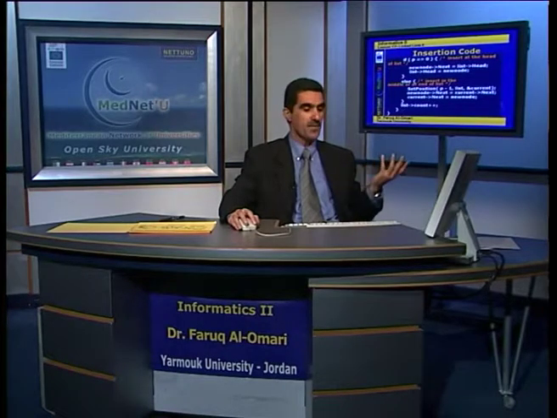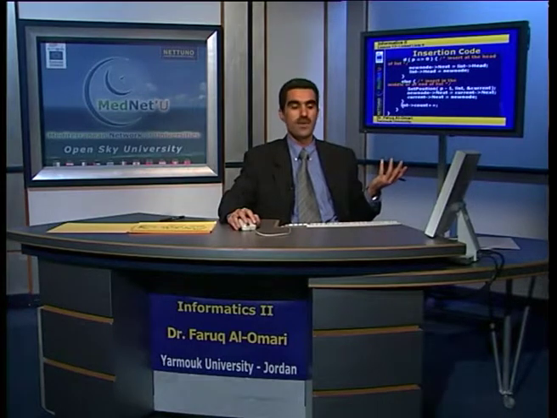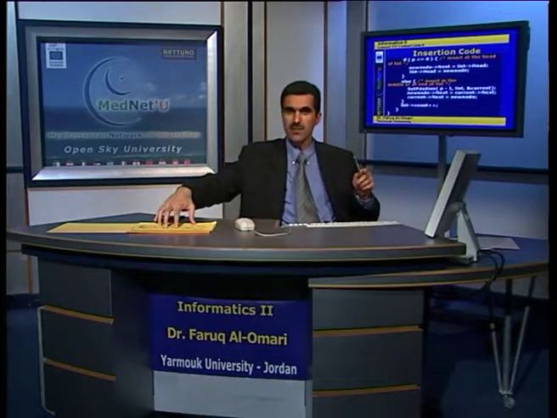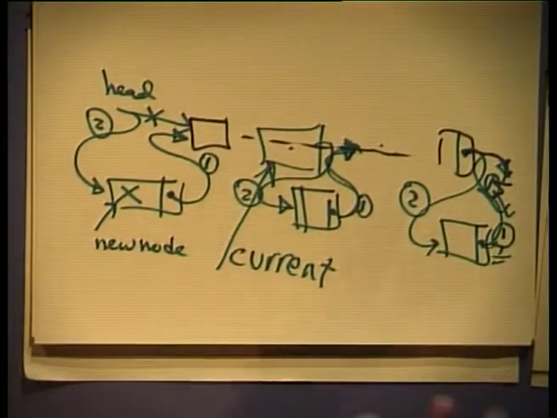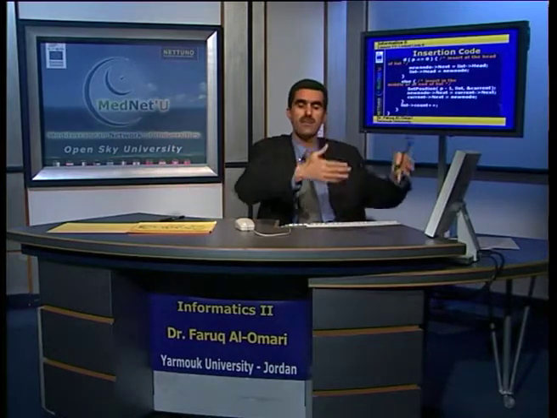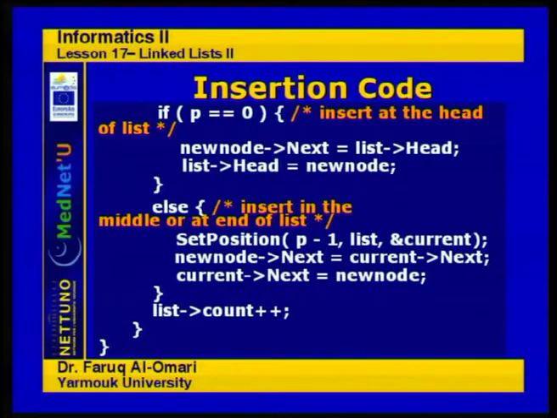Okay, so that's basically what I need to do. Very simple, very straightforward. It is just we have to be very careful in doing this. Very, very careful. Please try this graphically, several scenarios, the different positions, and then go to your computer, implement this function, and see how it works.